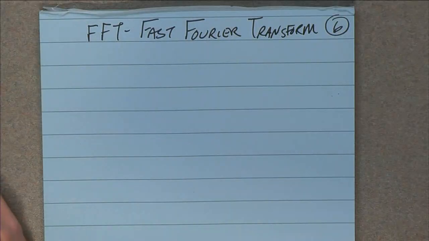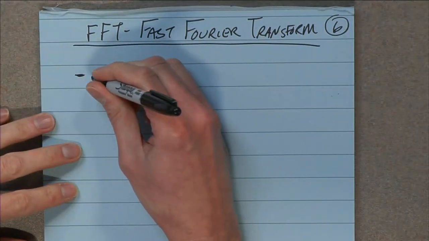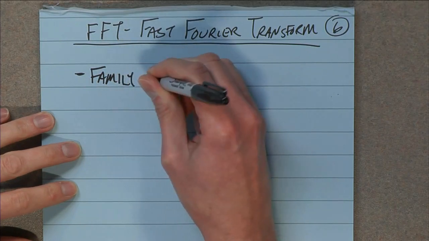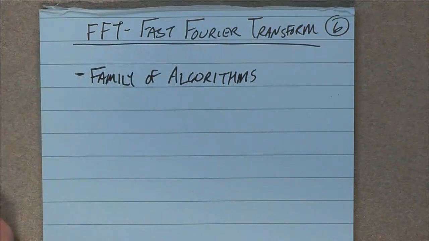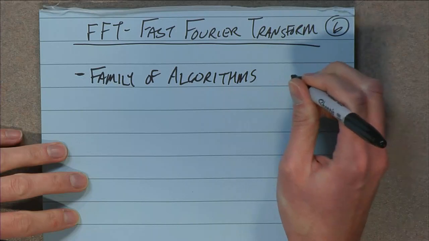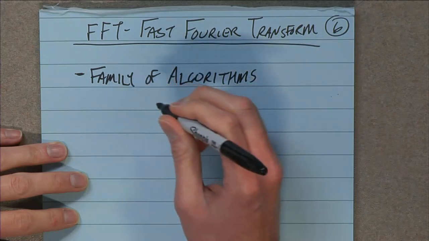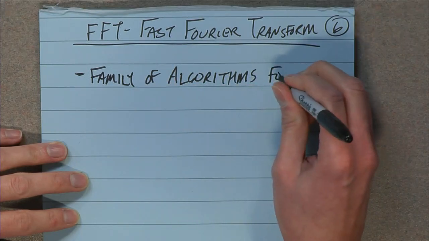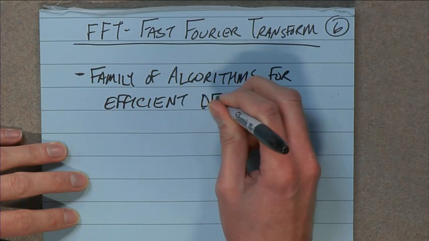And really that's not just one algorithm. I think when I first learned this stuff I thought, oh, a fast Fourier transform is a radix 2 algorithm. Well, that was sweet and naive, but nothing could be farther from the truth, right? It's really a family of algorithms. So it's not one algorithm, it's a family of algorithms, I should say, for efficient DFT implementations.